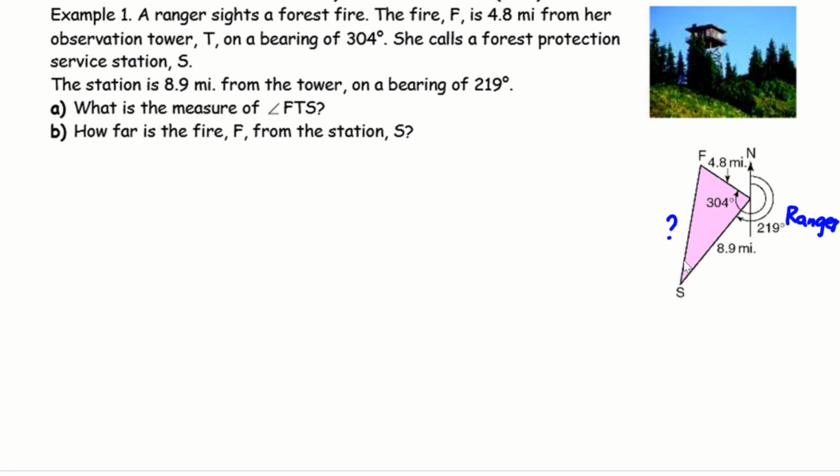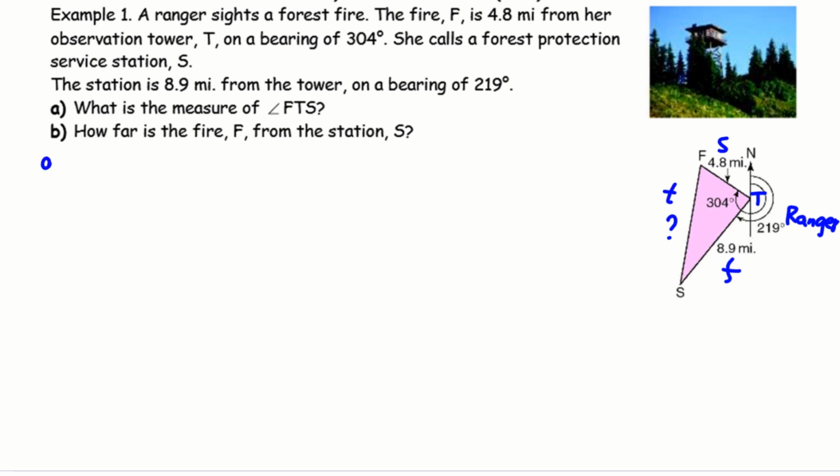And we have a triangle. We could give this one another name, tower. Then in this triangle we have two sides given, and we want to find this side. We are going to use small letters to label it. So this 8.9 is small letter f, 4.8 is small letter s, and this unknown is t.